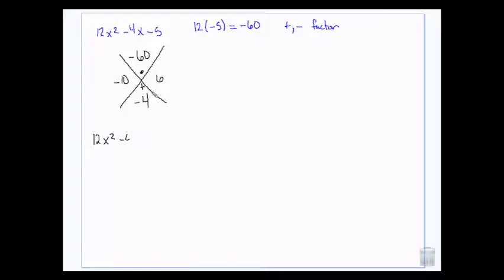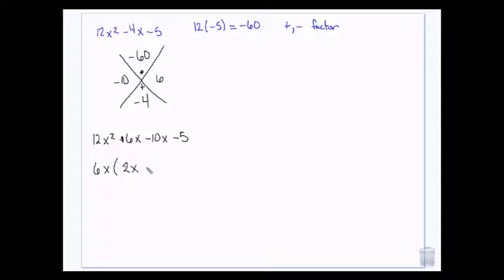Oops, minus 6x plus 6x minus 10x minus 5. So the -4 was replaced by the 6 and the -10, and then I can divide both of these by 6.